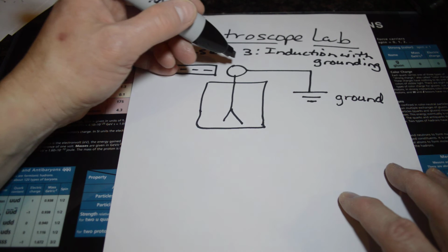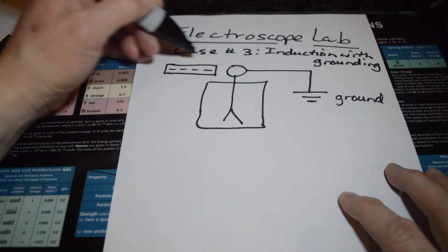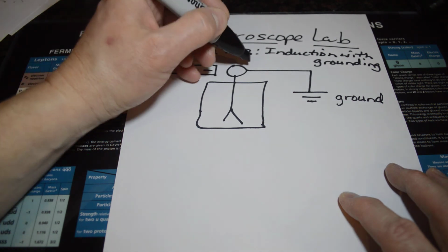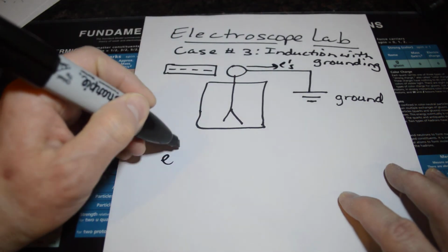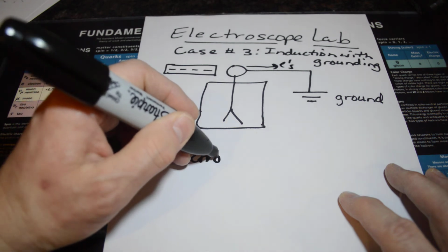So how does that work? Well, if you thought about it for a second, this abundance of negative charge is going to cause the electrons to want to go out to the ground. So electrons move to the ground.